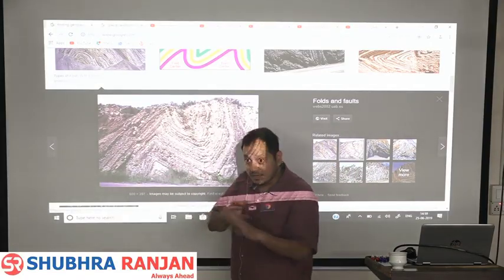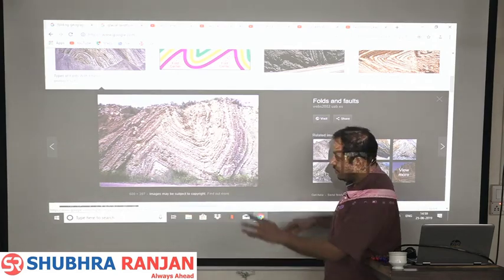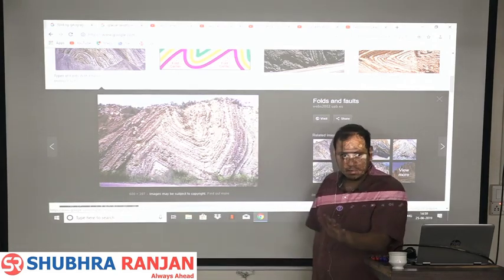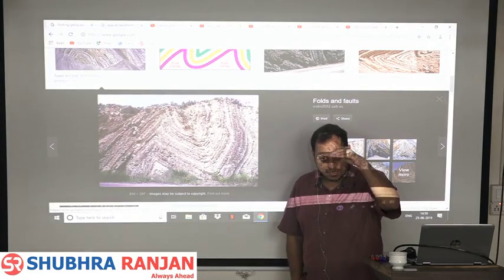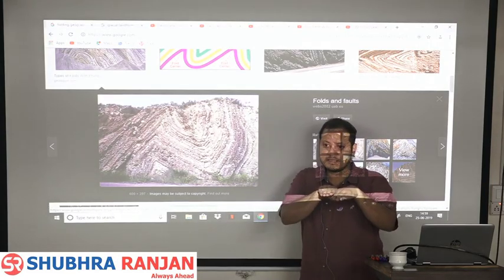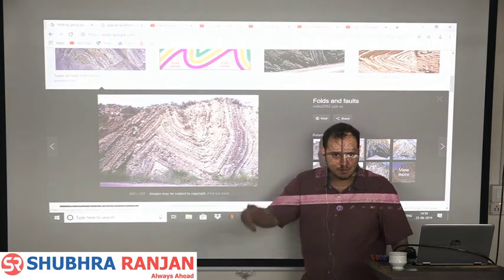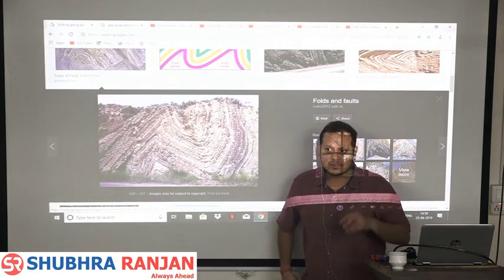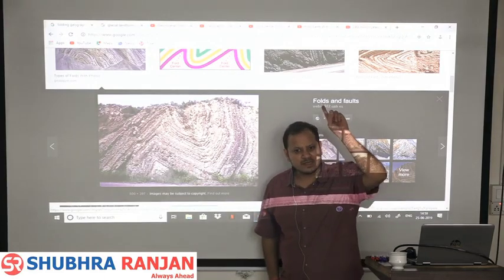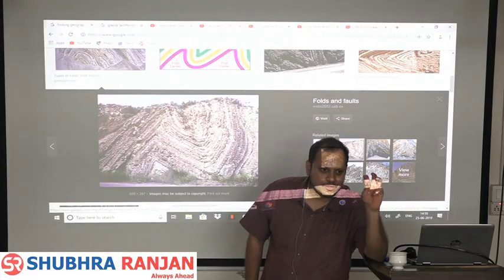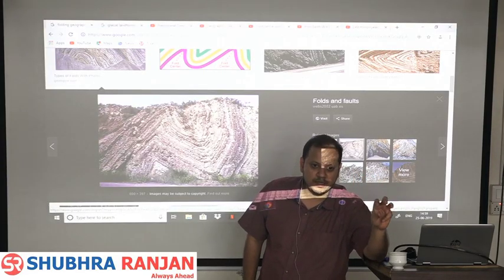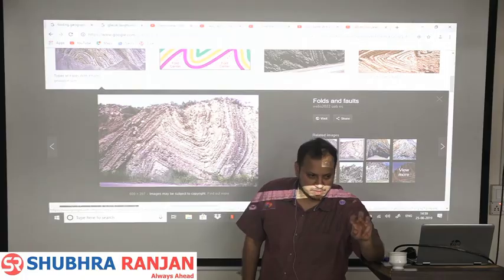Now, there can be a folding which has occurred in a certain region. After that, the mountain has got eroded, denuded, its height has been lowered, and then there is faulting after millions of years. Fine? So, such a feature which has experienced folding some years back, then faulting, then denudation, we will call such features polycyclic features.